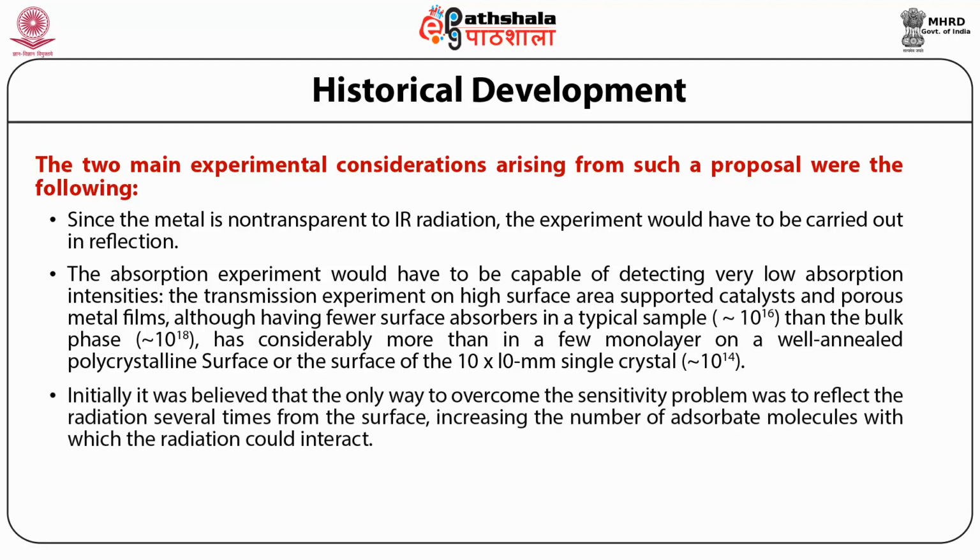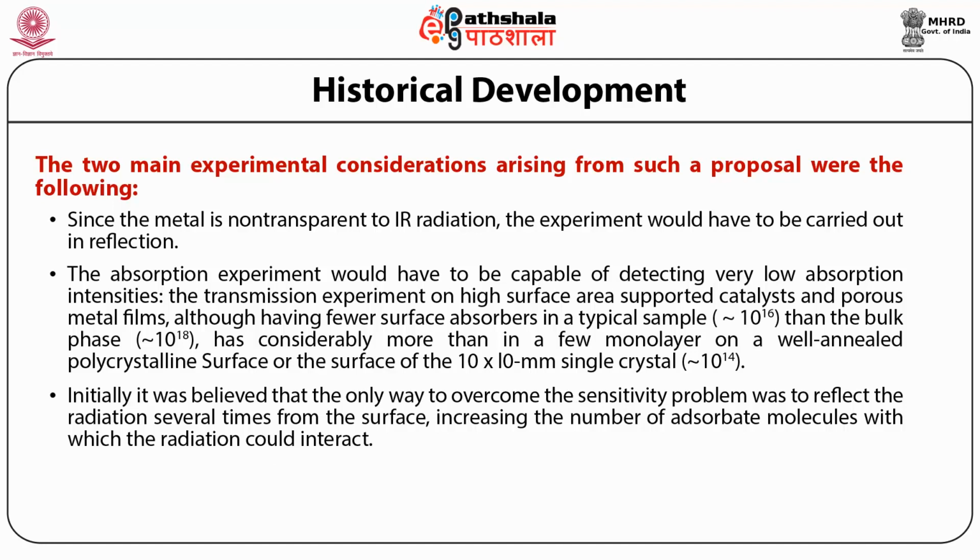Initially, it was believed that the only way to overcome the sensitivity problem was to reflect the radiation several times from the surface, increasing the number of adsorbate molecules with which the radiation could interact.